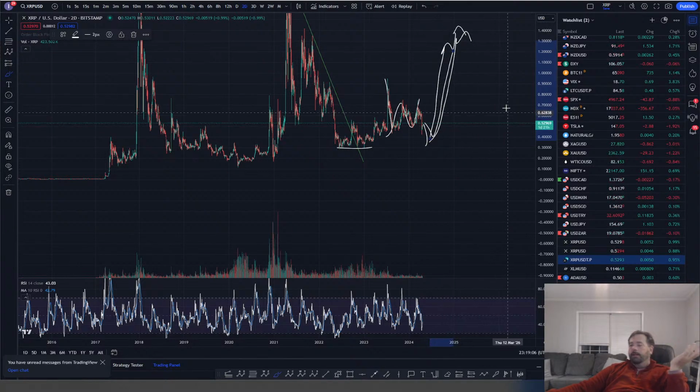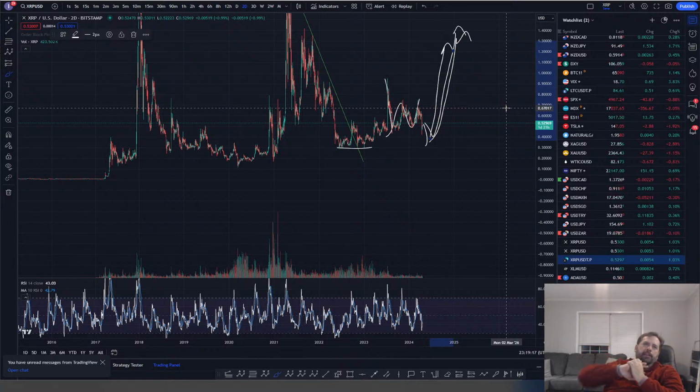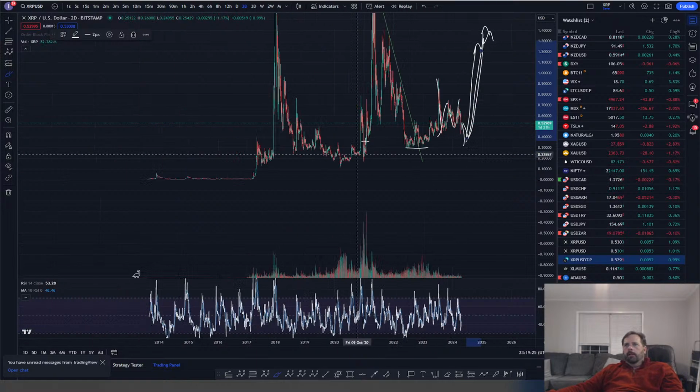Bitcoin tanks to 48 to 50K, finds support at that trend line, and then we go to 100K. And that's when the XRP pumps as well. So, yeah, quite possible.